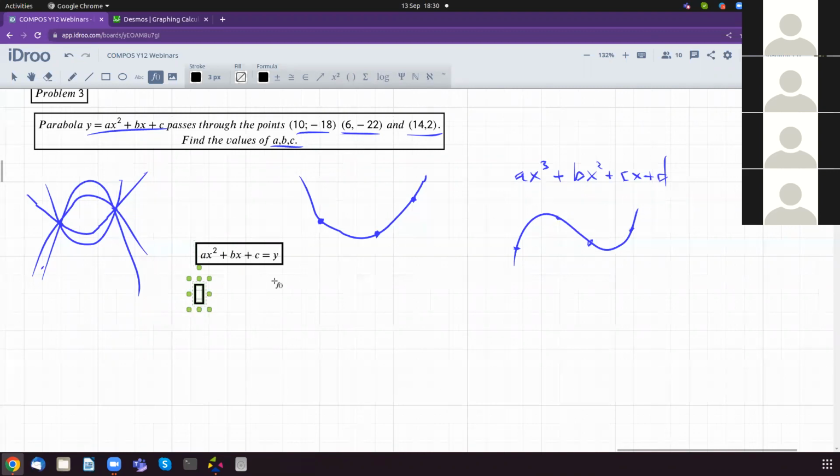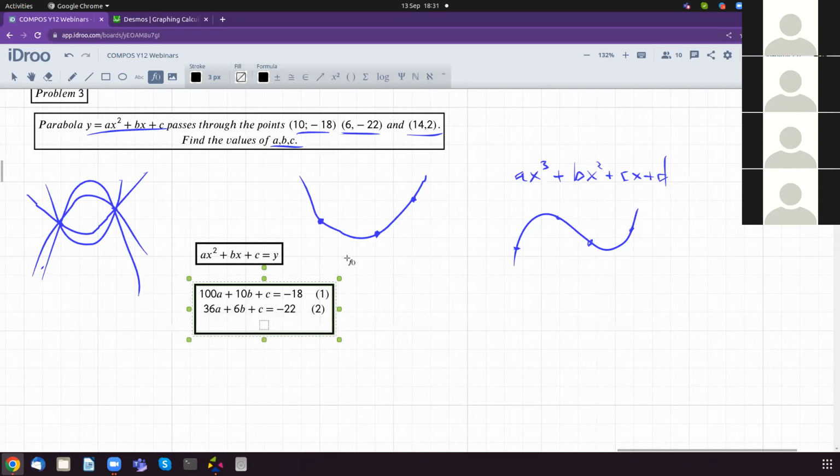So it's going to be 100a plus 10b plus c equals minus 18. And we will call this equation 1. The second point is 6, minus 22. So x is 6, so that's 36a plus 6b plus c equals minus 22. And we will call this equation 2.